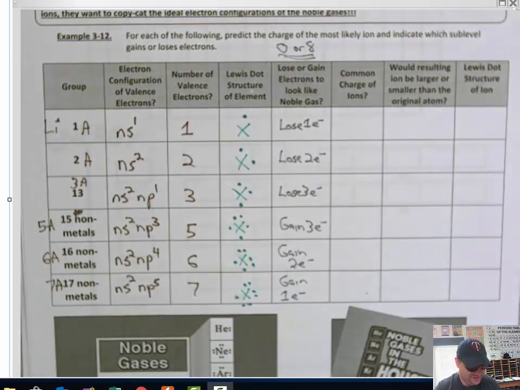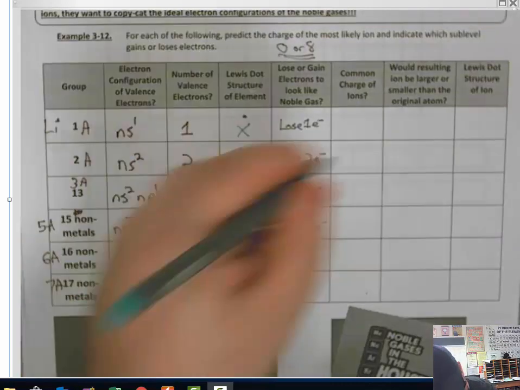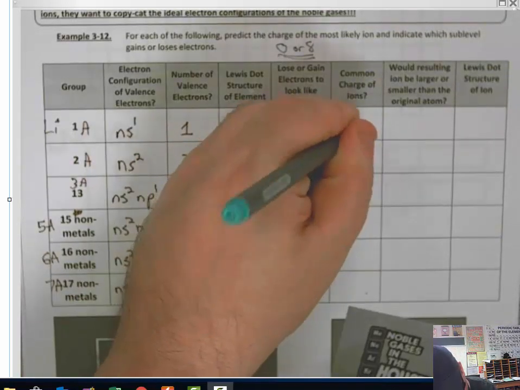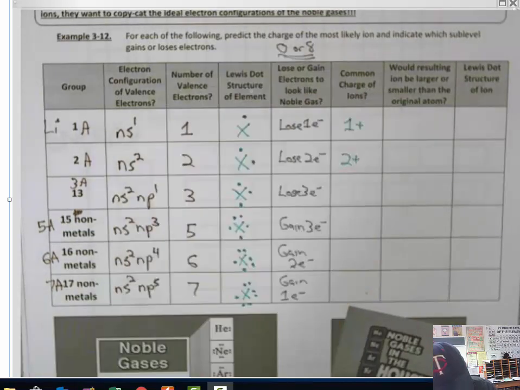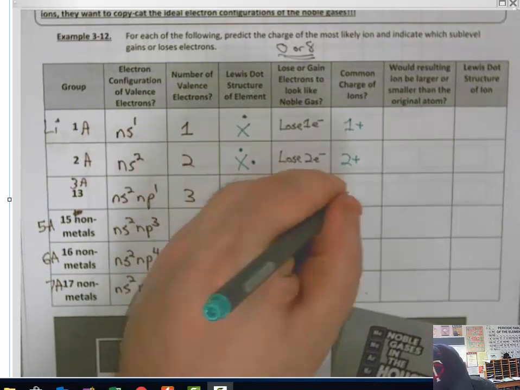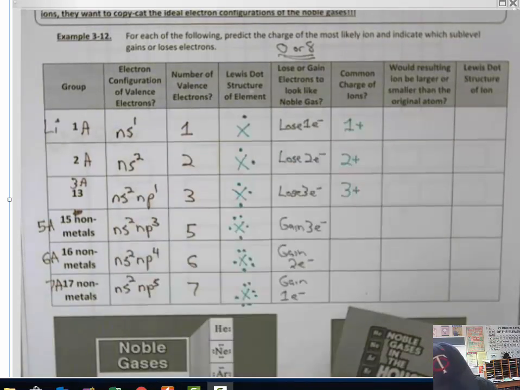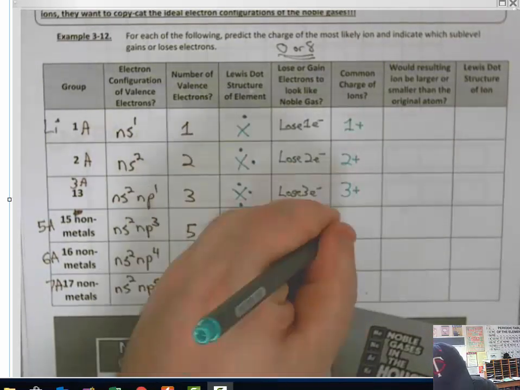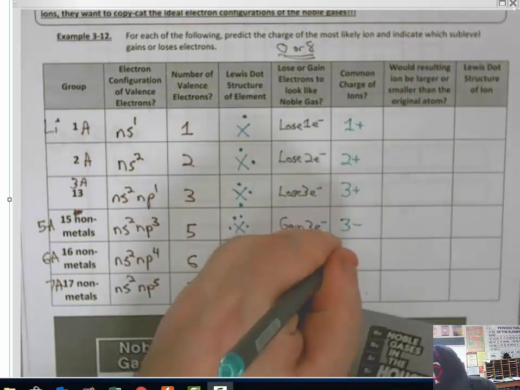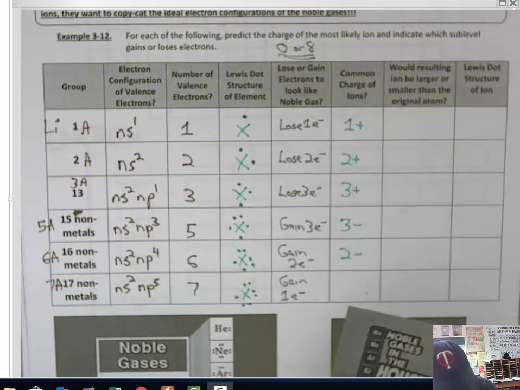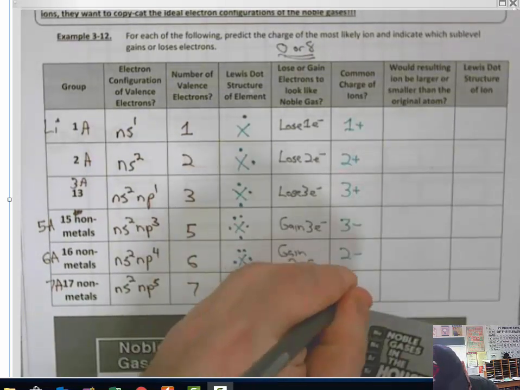Common charges of these ions. Group 1 likes to form 1 plus. Group 2 likes to form 2 plus. Group 3 likes to form 3 plus. Group 5A goes to 3 minus. Group 6A goes to 2 minus. And group 7A goes to 1 minus.